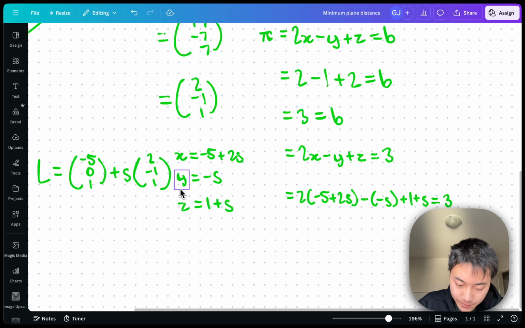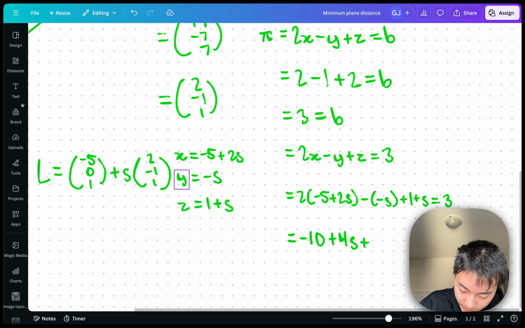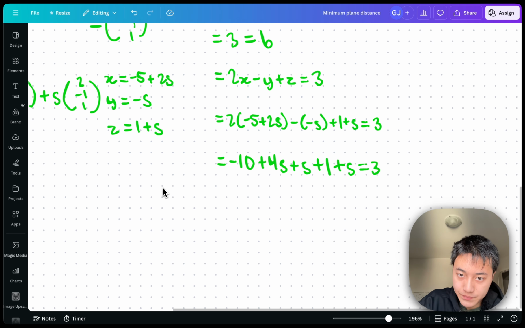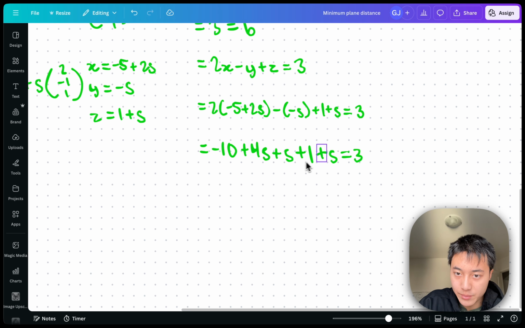Okay, so this is -10 plus 4s plus s plus 1 plus s equals 3, and 4s plus s plus s, that's 6s.